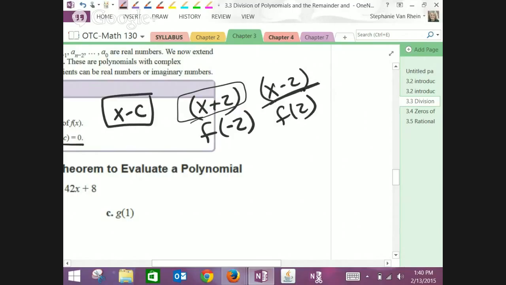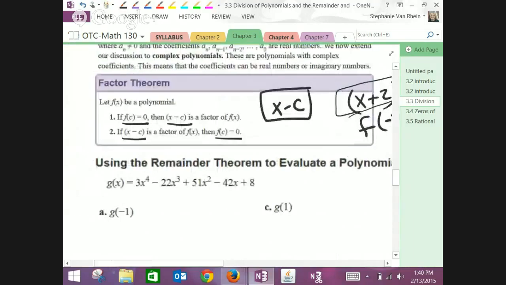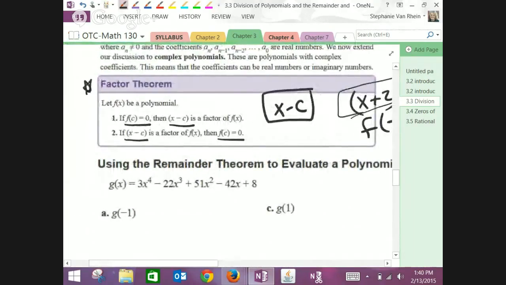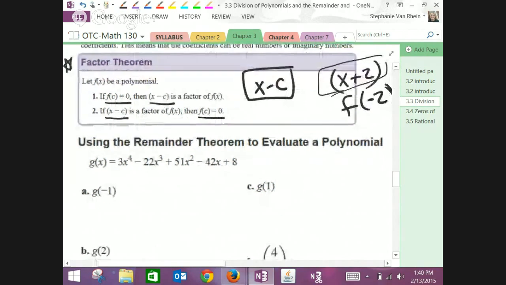That's what you plug into the function. You guys see that? So this factor theorem will come in handy when you want to make a conclusion. Based on the factor theorem, c is a 0, or if knowing this is a factor, then you can assume that the remainder is 0.